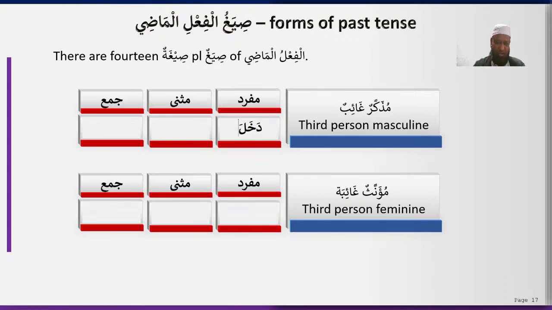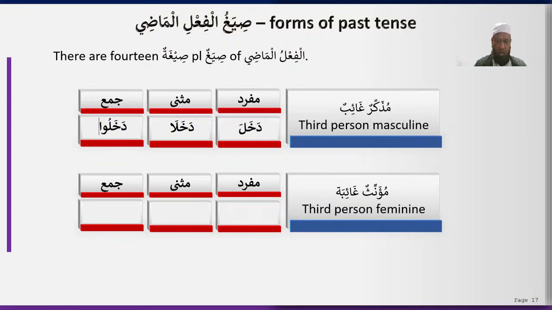Now we can make the rest 13, adding those fa'il with it. Musanna, the dakhala, what do we need to make musanna? Aliful ithnain, dakhala. Jama mudhakkar ghaib, we need the waw al-jama'a, but waw al-jama'a demands dhamma before it.